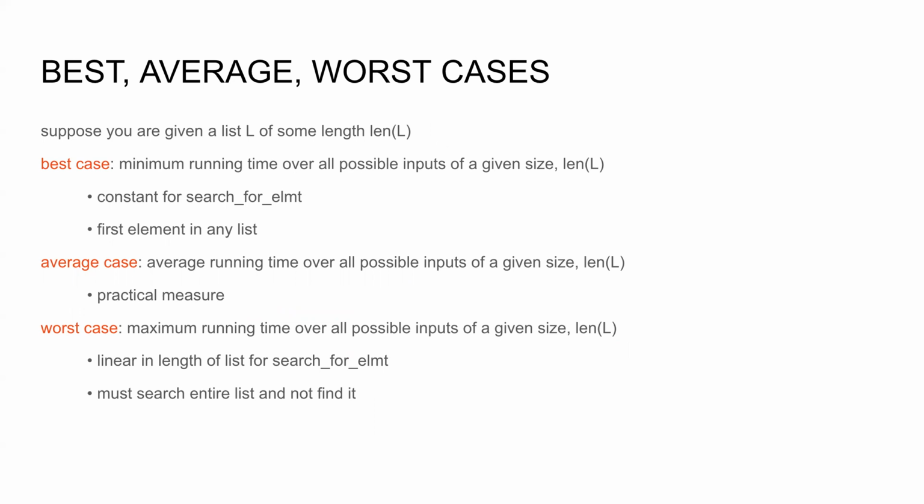That's for practical measure. The worst case is the maximum running time over all possible inputs of a given size, right? That's what big O notation is after, the worst case scenario. Say in search, an element is linear because in the worst case, you look at every single element in the list to find the target.